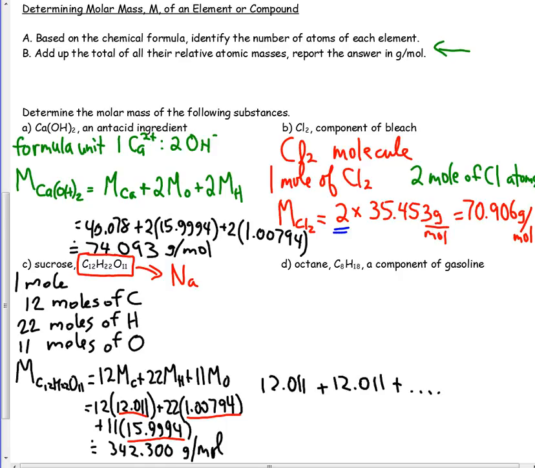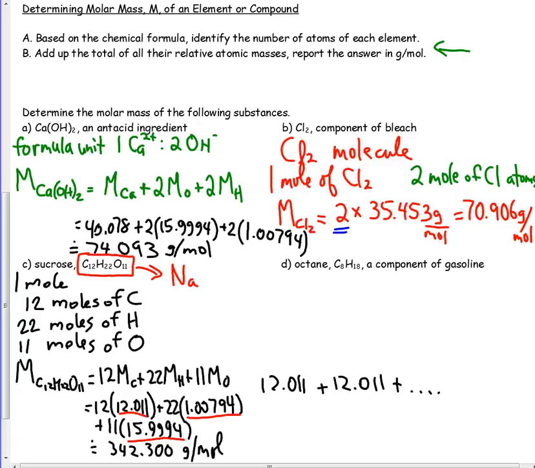Clearly, if we were to add them all separately, we would just use the rule for addition, which would be fewest number of decimal places, which is 3. If we were to add 22 1.00794s, again, we have 22 numbers that have 5 decimal places. That's more than the value for carbon, so we're limited by 3. We add 11 more numbers which have 4 decimal places. Again, that exceeds the limit of our precision. So we're going to fall back on reporting to 3 decimal places because of the lower precision for carbon.